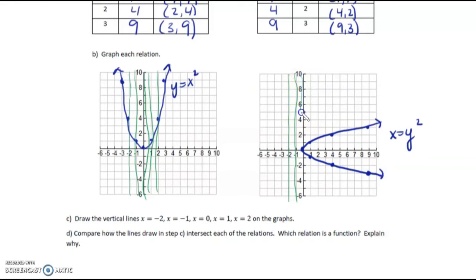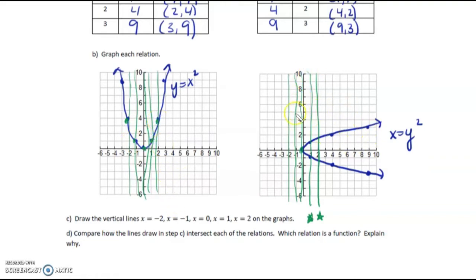Negative 1, 0 goes through it this one time, and then we have 1 and 2. These two here are the important ones. For y equals x squared, every single time we drew a vertical line, it hit the graph one time.